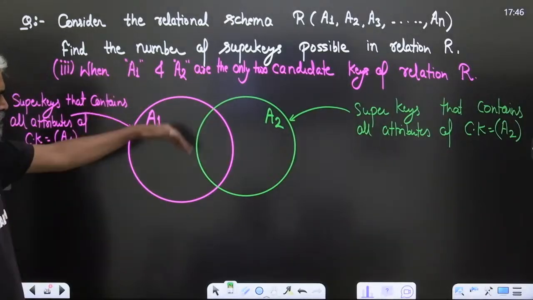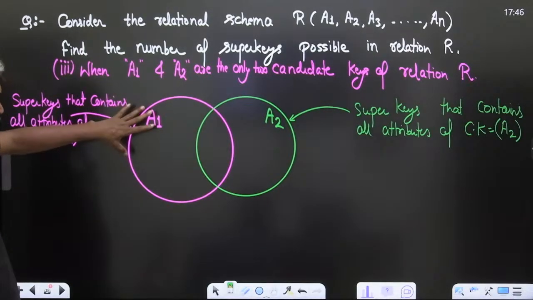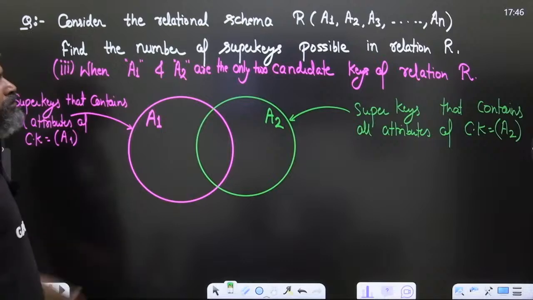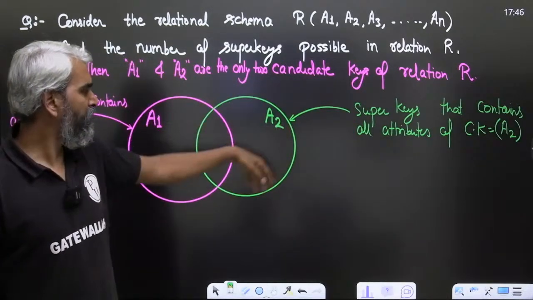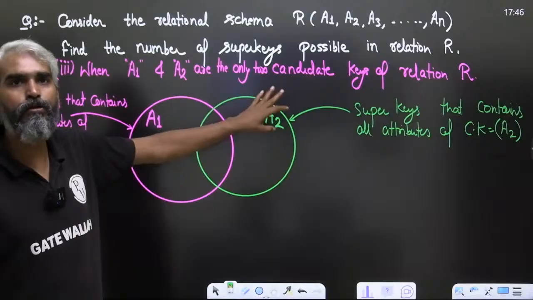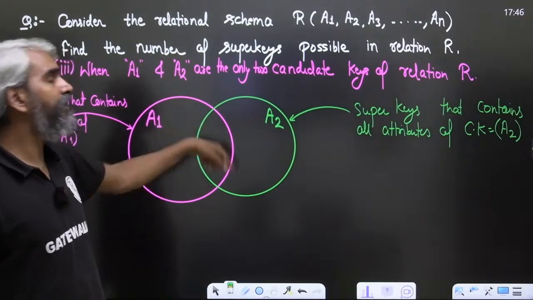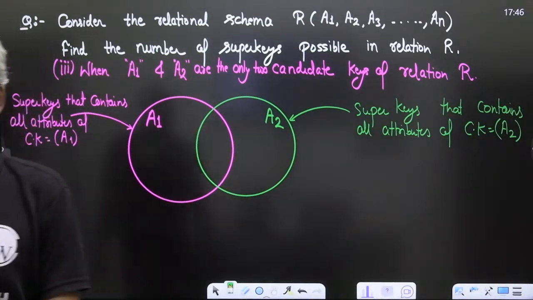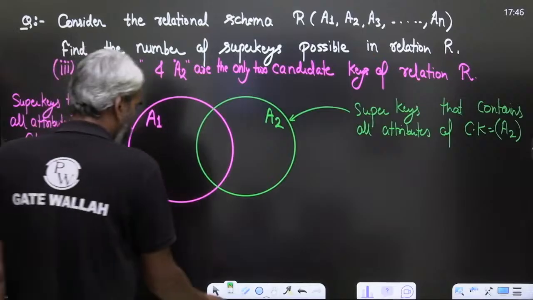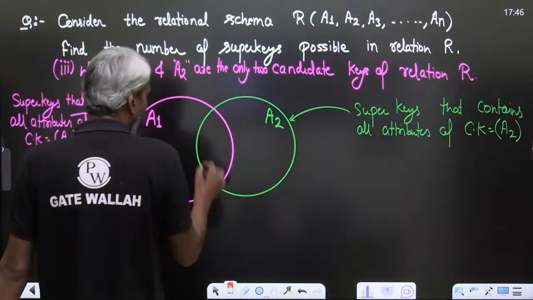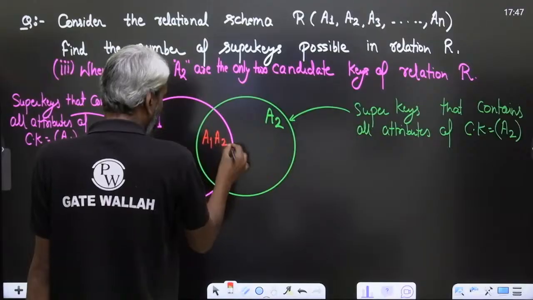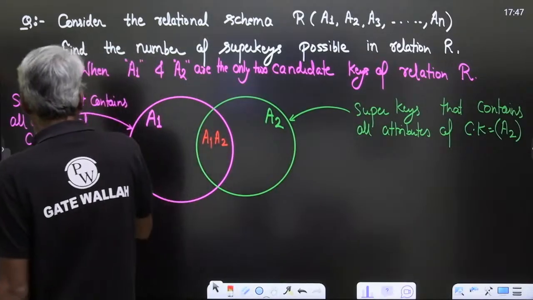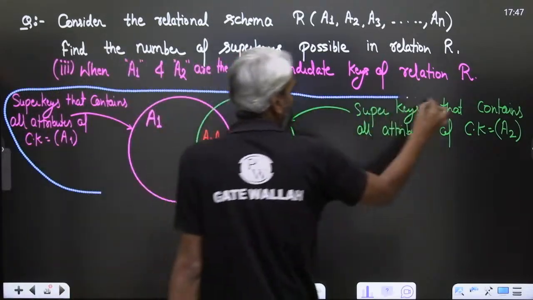That means some super keys that contain all the attributes of candidate key A1 may also contain all the attributes of candidate key A2, and some super keys that contain all the attributes of A2 may also contain all the attributes of candidate key A1. Yes or no? So what are these? These are the super keys that contain all the attributes of both candidate keys A1 and A2.